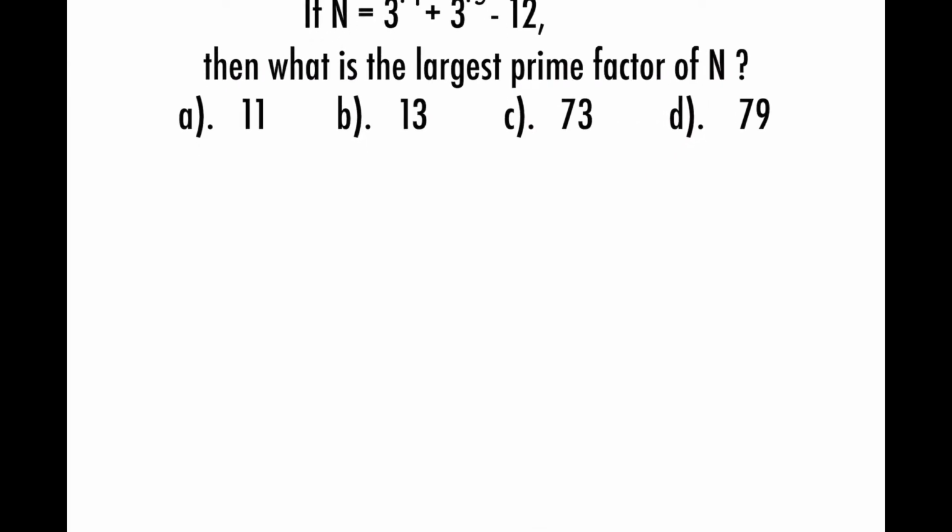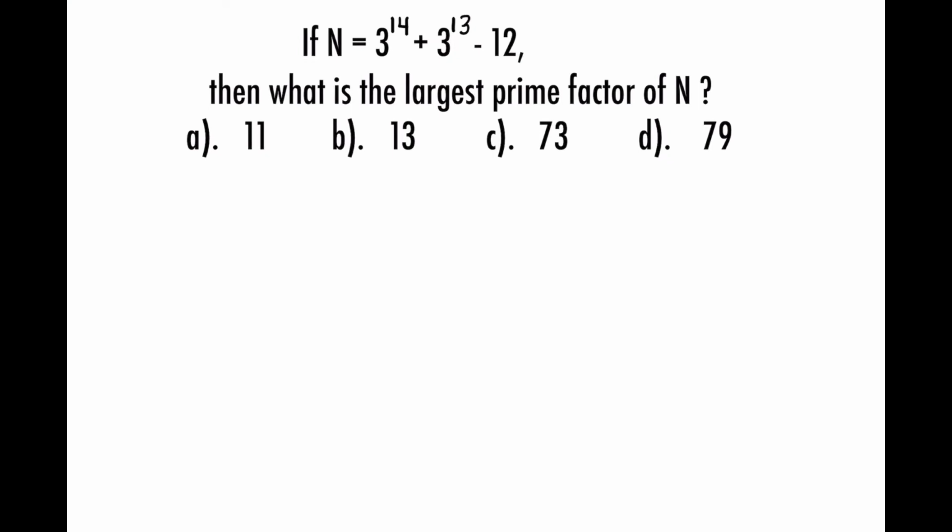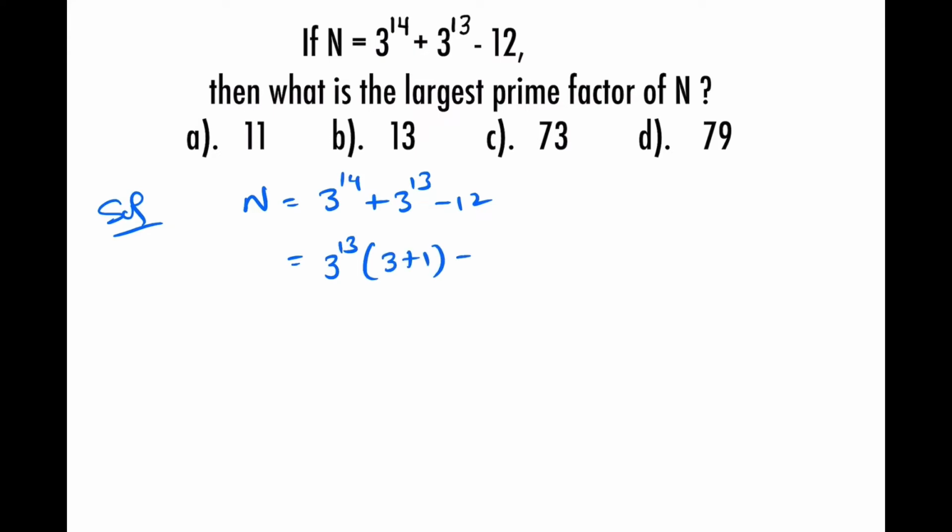So, for solving this, we have n equal to 3 raised to the power 14 plus 3 raised to the power 13 minus 12. So this is equal to 3 raised to the power 13 common. Now 3 plus 1 minus 12.